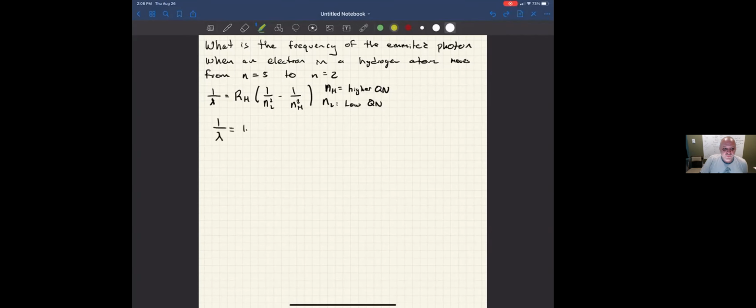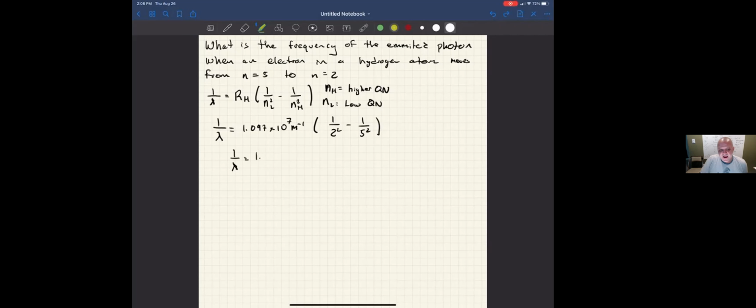So the rest is just really an algebraic manipulation. You have to look up the Rydberg constant, 1.097 times 10 to the 7th per meter. Notice that's not 10 to the 7th meters. It's 1.097 times 10 to the 7th per meter. And so we get 1 over 2 squared minus 1 over 5 squared.